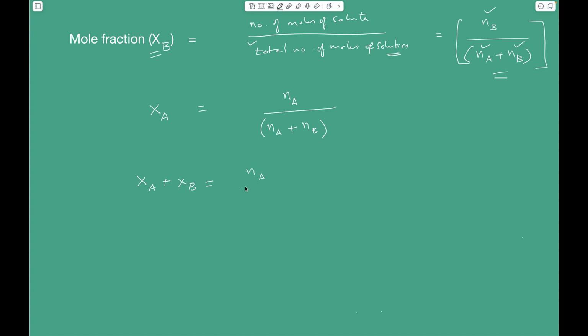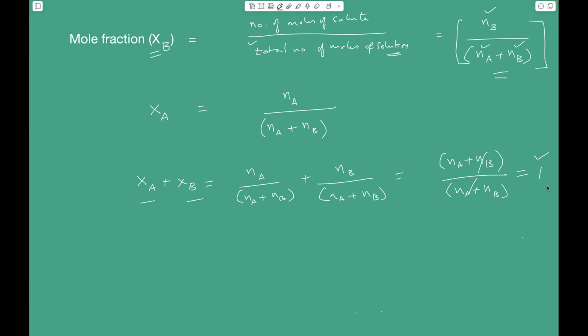It will be Na over Na plus Nb plus Nb over Na plus Nb. Upon simplification, you will have the same value in the numerator and the denominator, and if you cancel them, you will get 1. So the sum of the mole fractions of all the components in a solution is equal to 1. Of course, that is by definition, right?